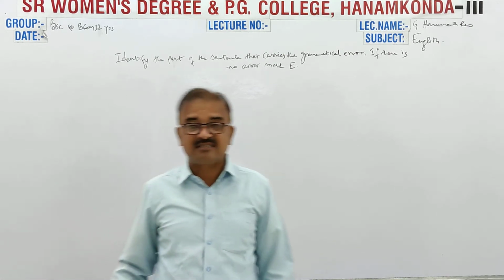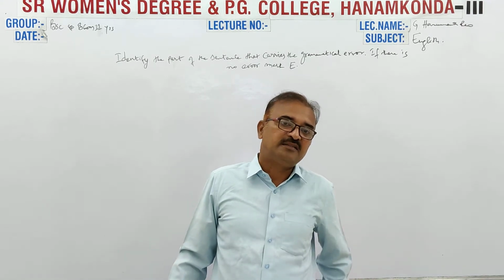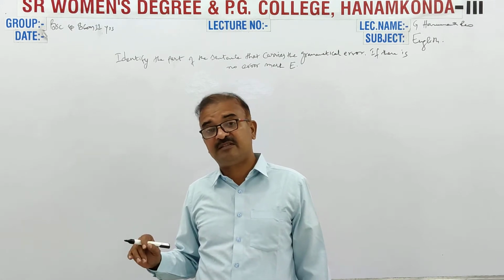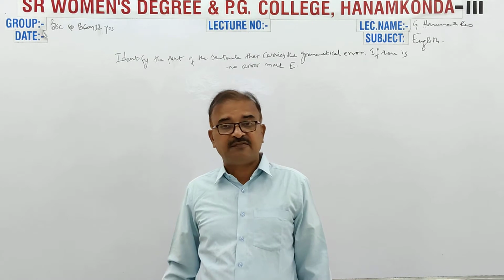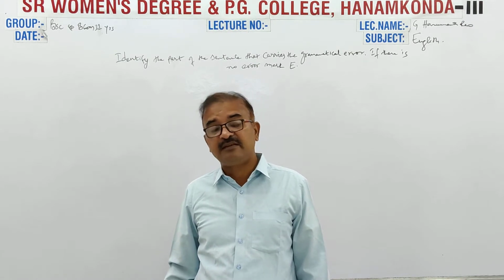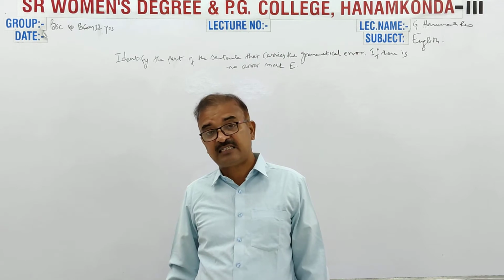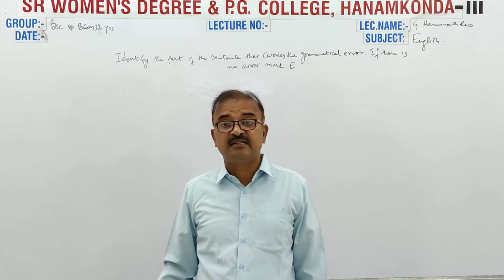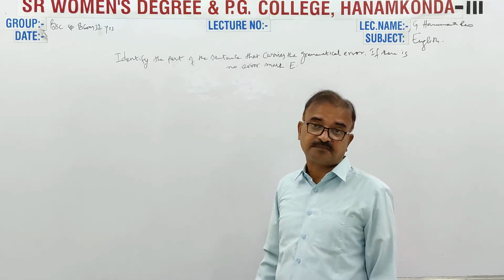Now this is what the instruction says. And what you have to do here is, a sentence will be given to you and the sentence will be divided into 4 parts. And the fifth part will be E. After reading thoroughly and understanding the sentence in the right way, if you feel that there is no mistake in the sentence, then you will mark it as E. That means no error.